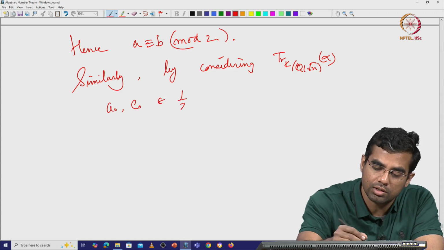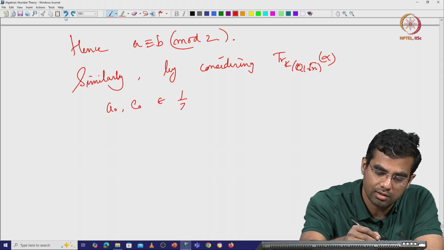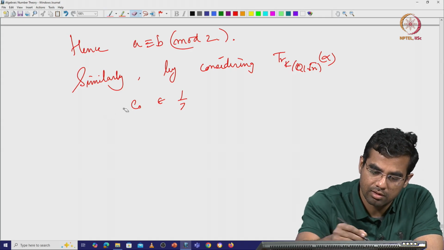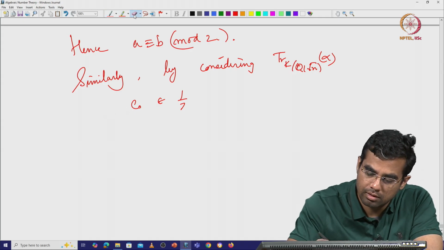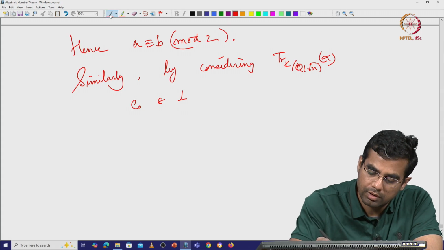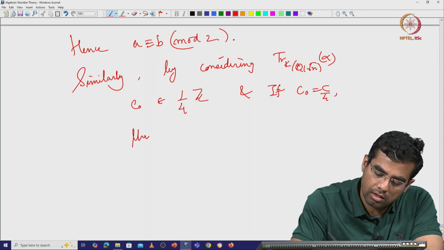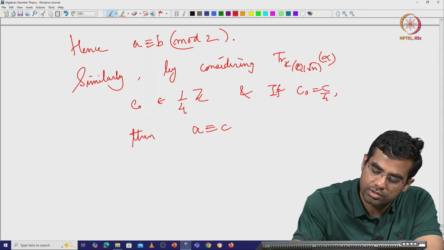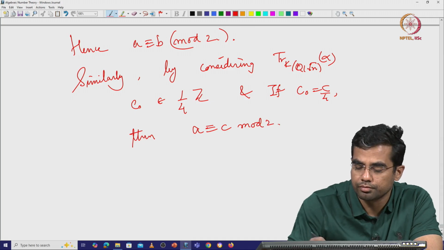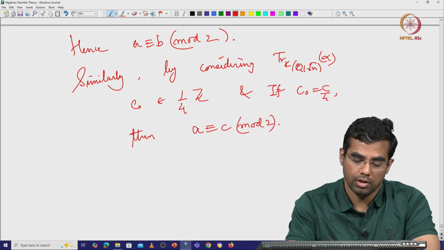I mean, we do not need to consider a0 again. If c0 is c/4, then a is congruent to c mod 2, right, as before.